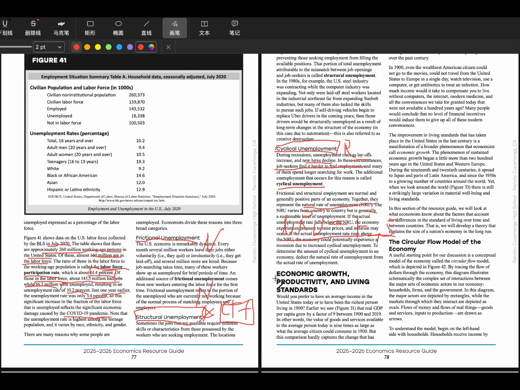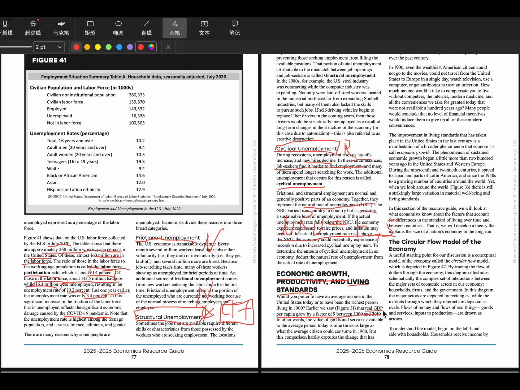The next is living standards. How does economic growth trigger living standards? The thing you mainly have to know here is that real GDP per capita has grown by a factor of 9 between 1900 and 2019. Why is this important? We know that GDP actually grew 40 times from 1900 to 2019, but real GDP per capita has grown 9 times.